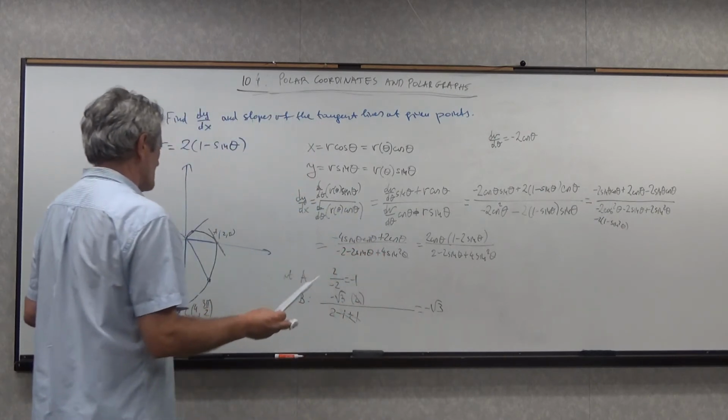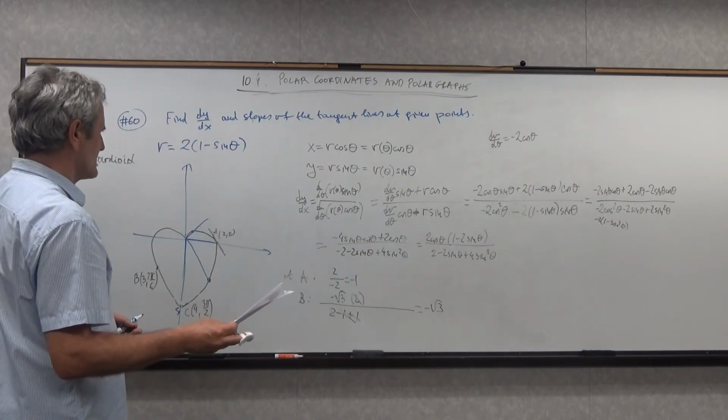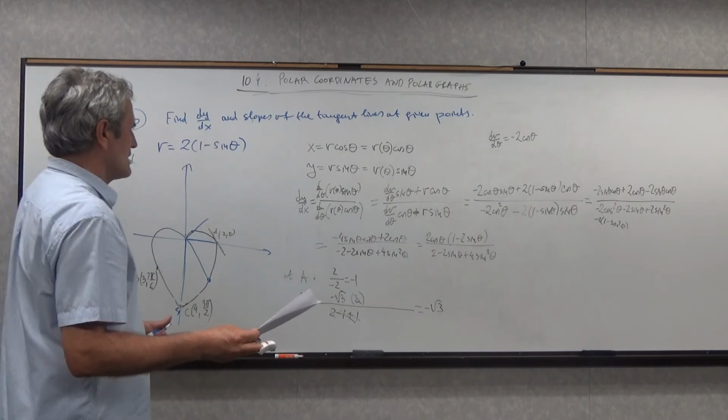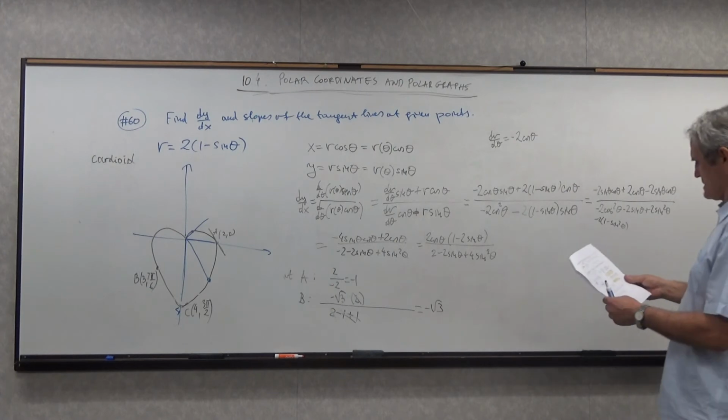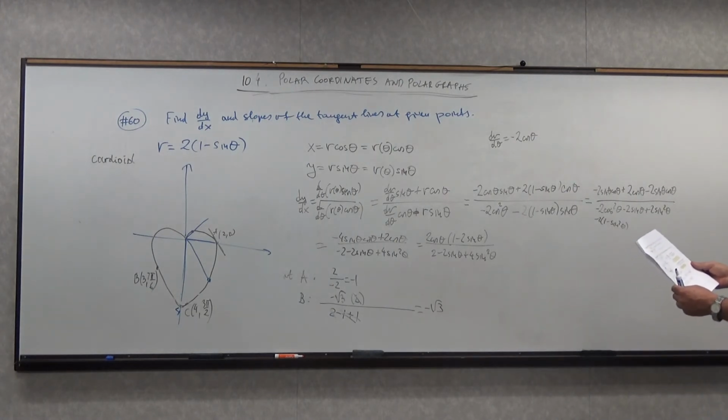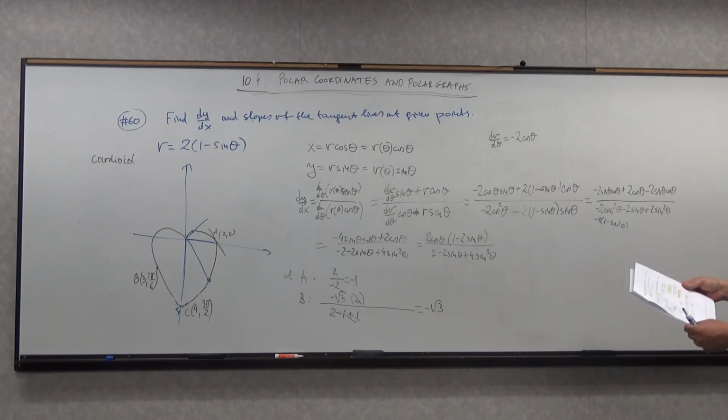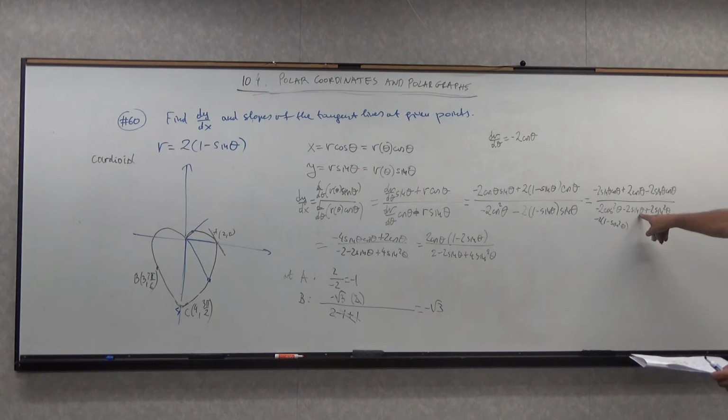Oh, on B, I didn't do the calculation correctly, sorry. 2 minus 2 sine, did I mess it up there? Cosine squared, minus 2 sine squared. Oh, here it was, yes, minus 2 sine.